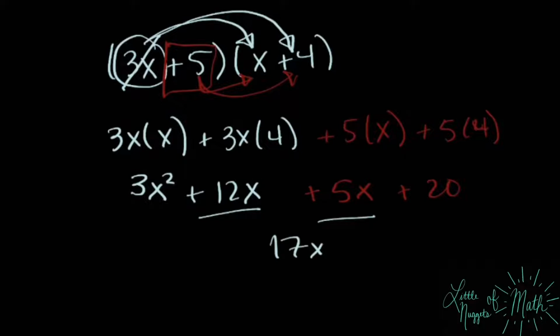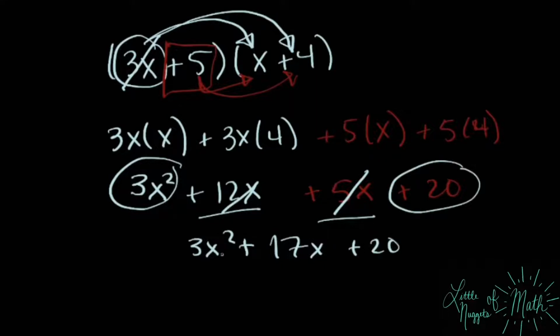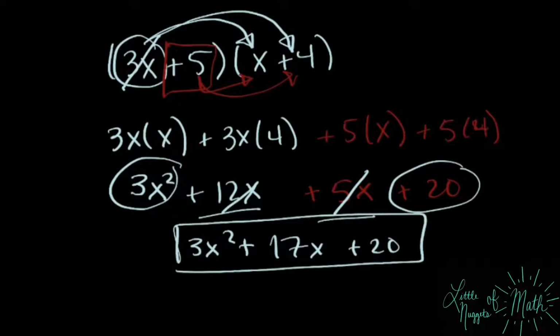There are no other like terms in here because 3x squared is all by itself. And the 20 is also by itself. Notice our final answer only has one variable of each degree. So x squared, x, and x to the 0. But we don't write x to the 0 because anything to the 0 power is just 1.